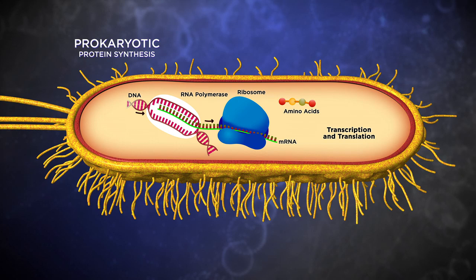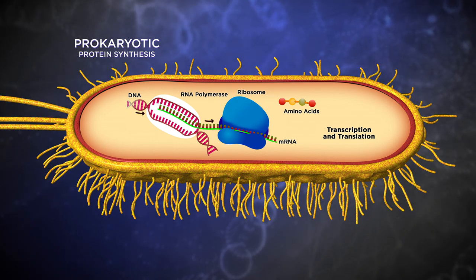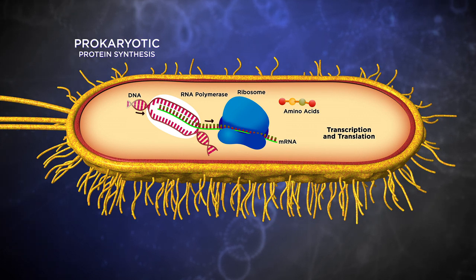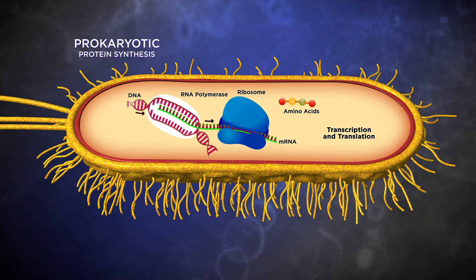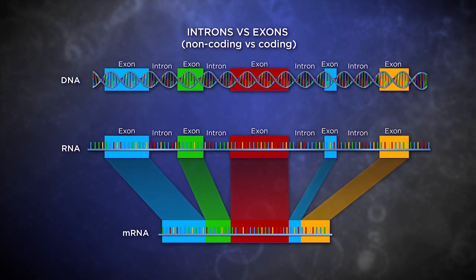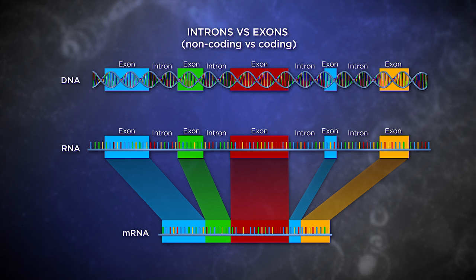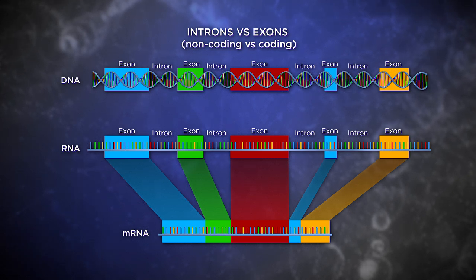In prokaryotic genes, the information for making proteins is contained in one uninterrupted block directly from the DNA. You might think of prokaryotic genes as TV programs with no commercial breaks. By contrast, eukaryotic genes have introns, or non-coding regions that interrupt the coding information, which is contained in segments that we call exons.